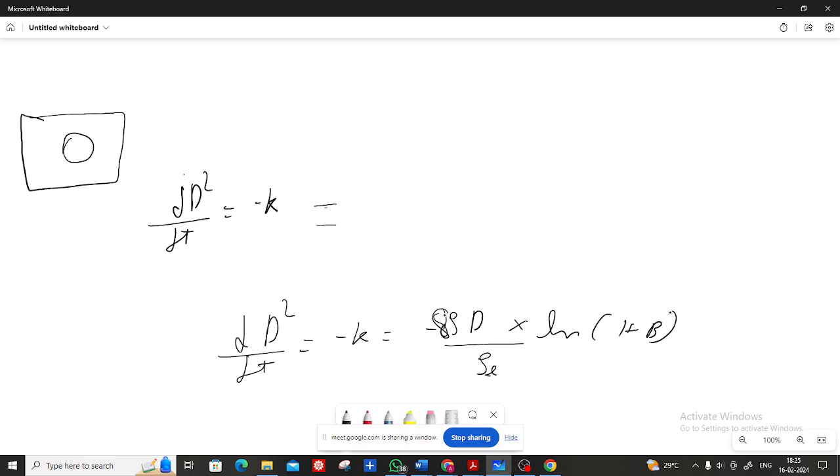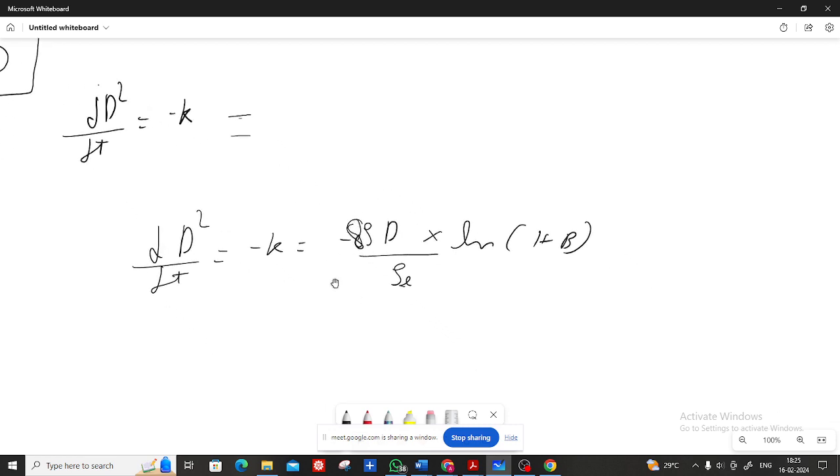This is the d square law, right? Here rho is the density of the air, d is the diffusion coefficient, rho l is the density of the liquid, and B is the Spalding constant.